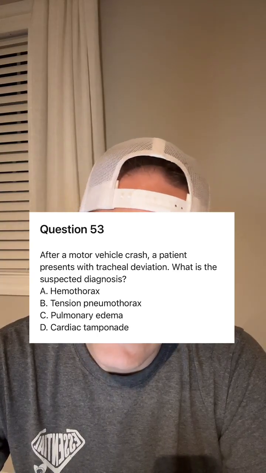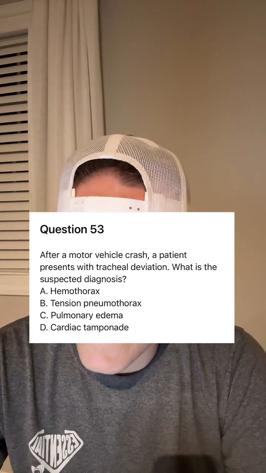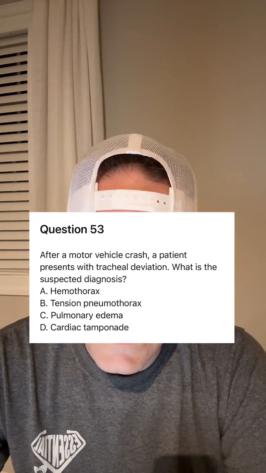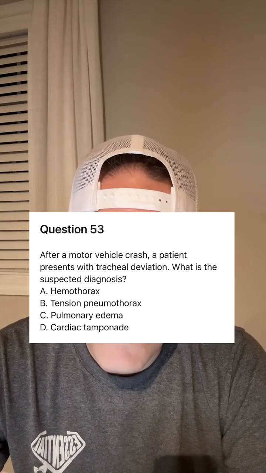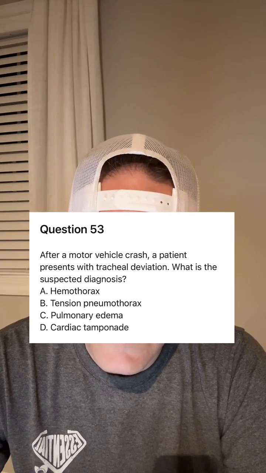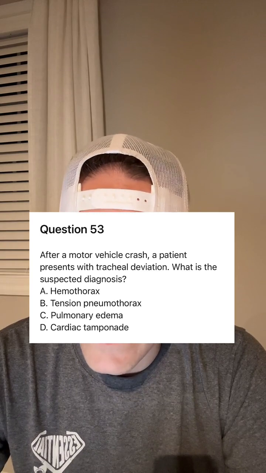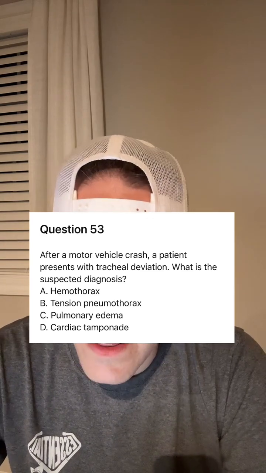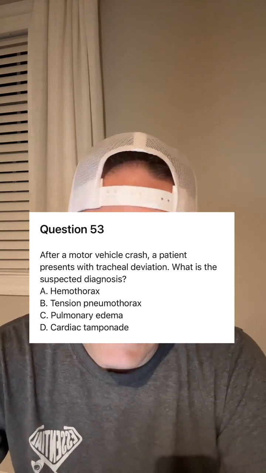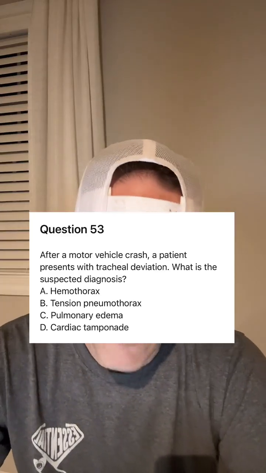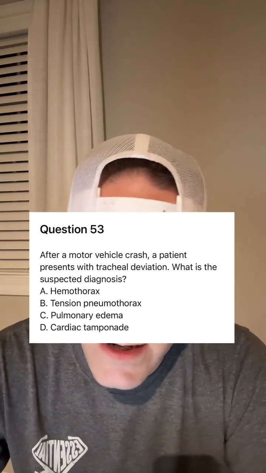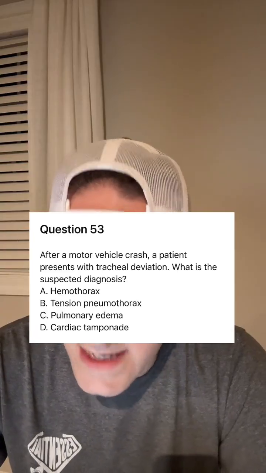53. Yep, I see B's, I see D's. You guys are split between B and D, it seems like. All right, here, the tracheal deviation is the sign. You need to know your signs and symptoms of a pneumothorax because tracheal deviation is a hallmark sign of a tension pneumothorax.